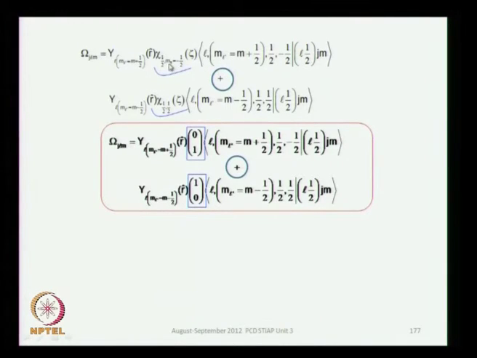Now, these spin functions, this is ms equal to minus half. So, this is the 0 1, okay. This is the spin down. This is ms equal to plus half. So, this is the spin up, which is the matrix 1 0, okay. So, which means that you will multiply this term and it will come in location in the first row, but the element in the second row will be 0.